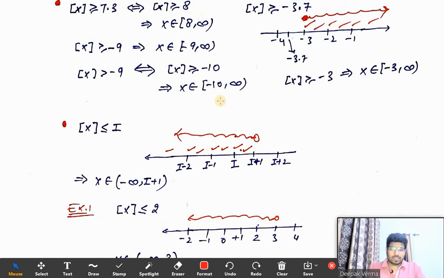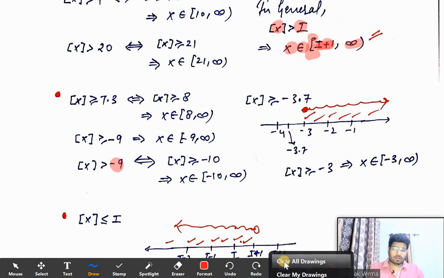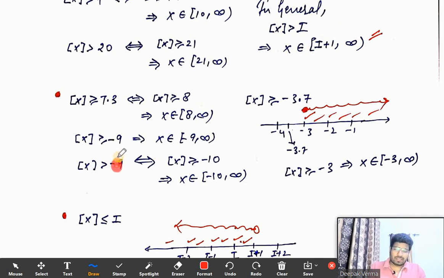So in general we have this result: I plus 1 if we have an integer. So here it is an integer. Box x greater than I, then x belongs to I plus 1 to infinity, with I plus 1 put a closed bracket. Here this is a negative integer.